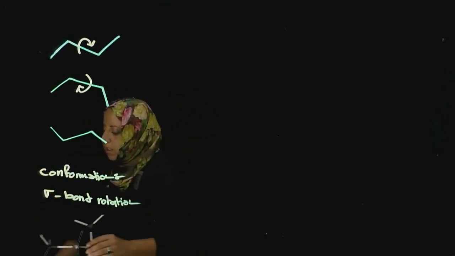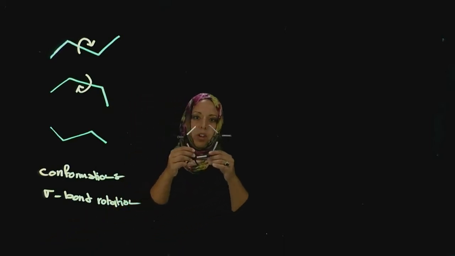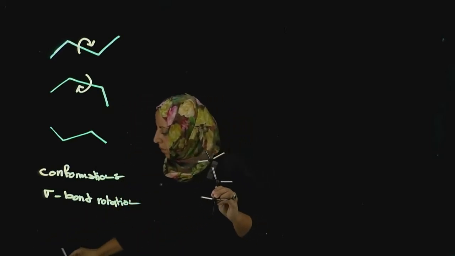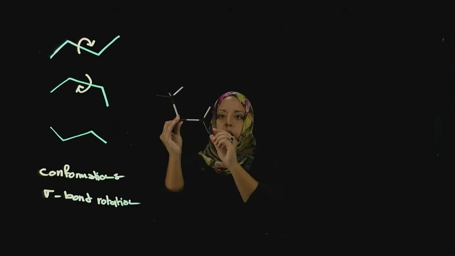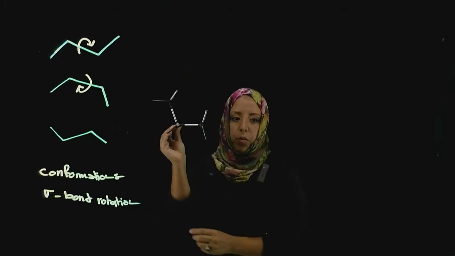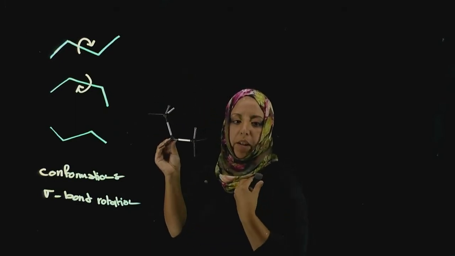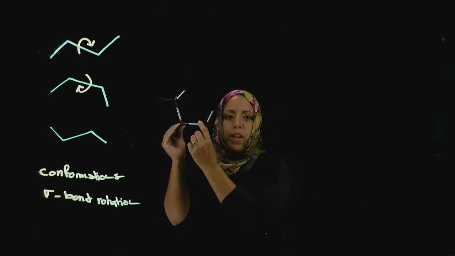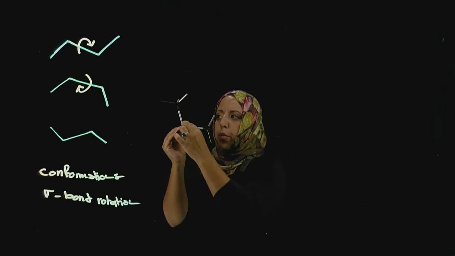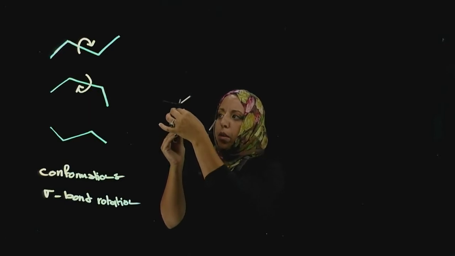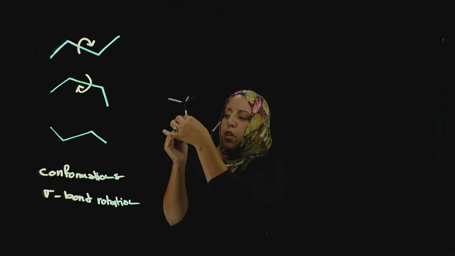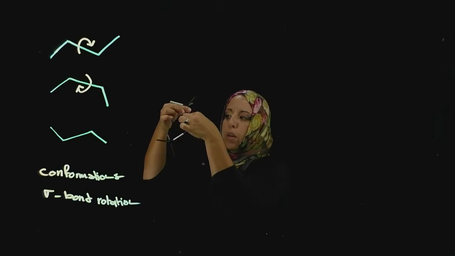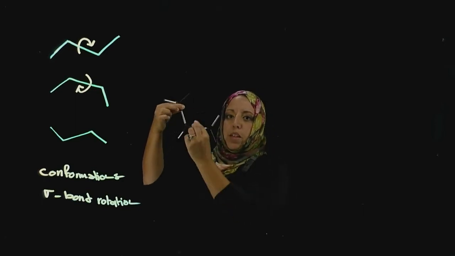So let's take a look at a molecule. All right, so here is a carbon-carbon single bond. Here's a carbon-carbon single bond, and we can rotate around it. Whether we're rotating around this carbon-carbon single bond, one group of the molecule will move, or the other group around that carbon-carbon single bond would move.